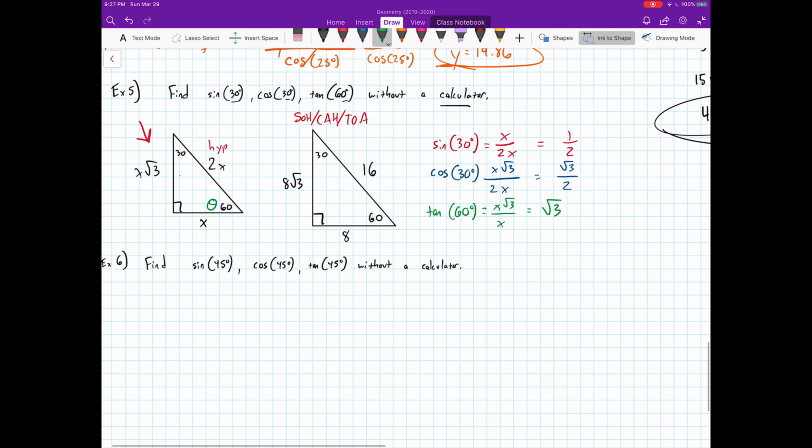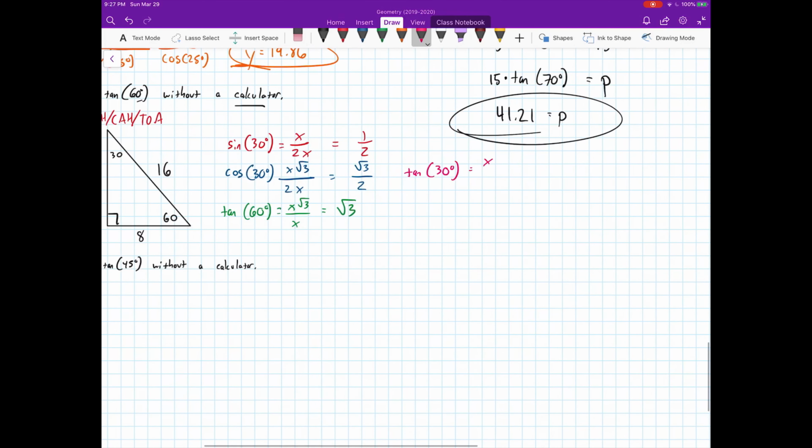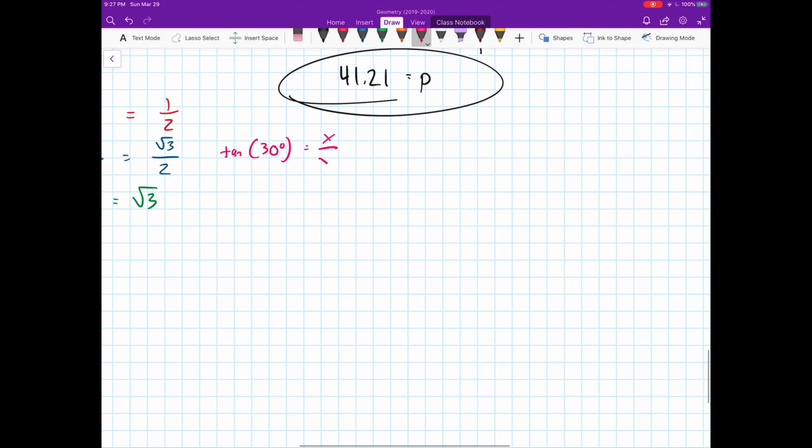Now, not to skimp out on the harder version of this, so let's also very quickly do tan of 30 degrees as well. So now I'm looking at 30 degrees right here for tan. And this one is actually going to be opposite over adjacent. This one's going to be x over x root 3.